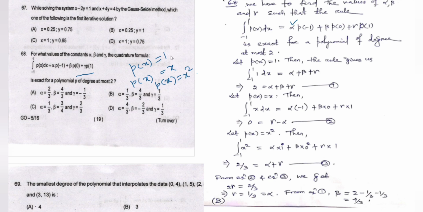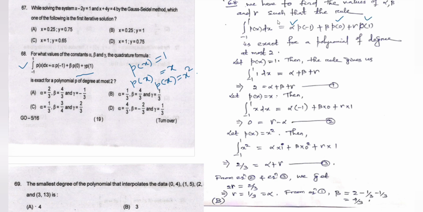So let us start with p of x equal to 1. Now if you put p of x equal to 1 in this quadrature rule, on the left hand side we have integration of 1 with the limits minus 1 and 1. On the right hand side you can see we have alpha into p of minus 1 plus beta into p of 0 plus gamma into p of 1.